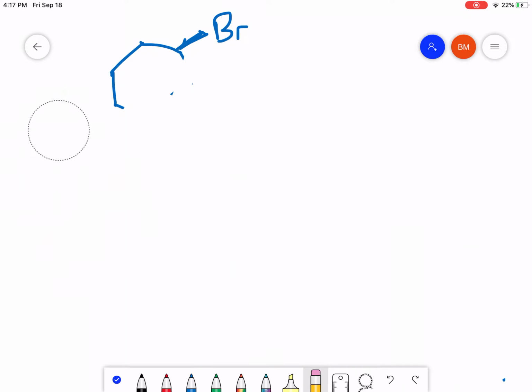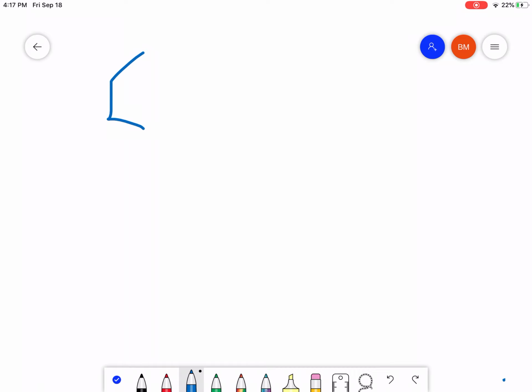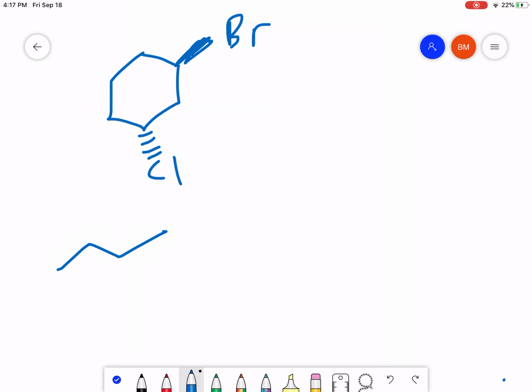Let's draw the trans now. All right, so draw our first one. Again, I'm just going to stick the Br and the H here like this. All right. Now they're on opposite sides, so I need that Cl to point downward.